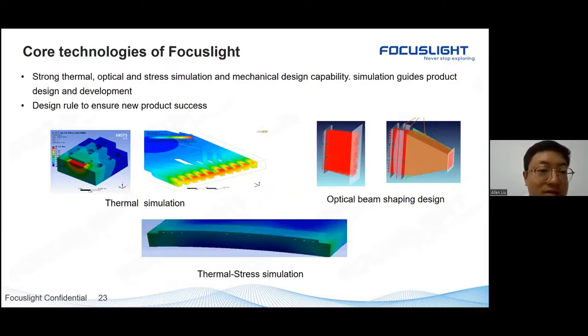And we have strong thermal, optic, stress simulation, even mechanical design capability, which will guide our product design and development.